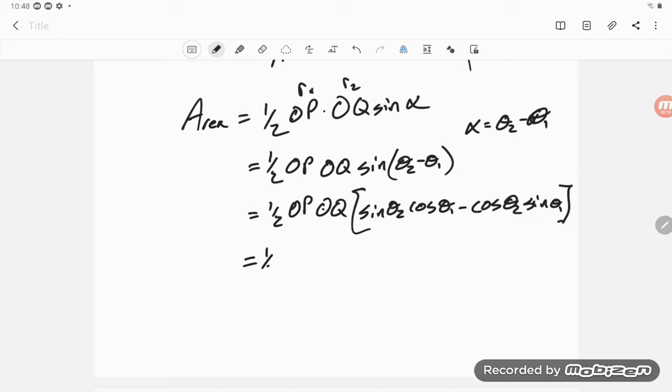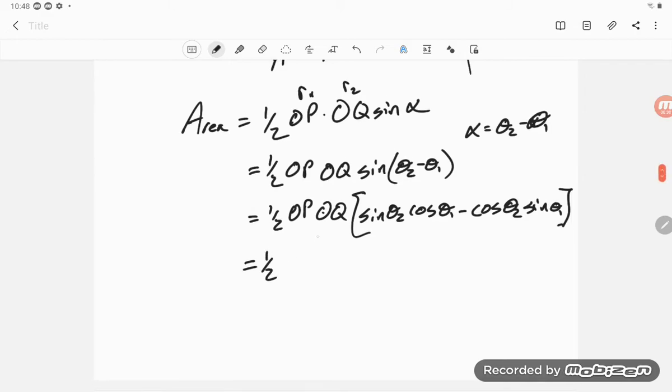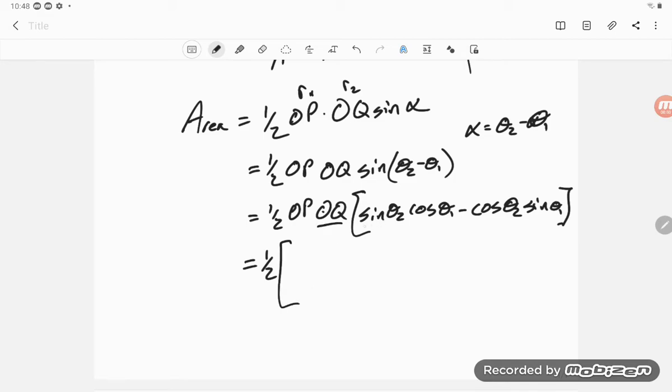So they say, okay, this is 1/2. And why they keep going with the OP and OQ, I don't know, but we'll stick with it. I need all four of these terms, the OP, the OQ, sine theta 2, cosine theta 1, and I can write them in any order I want.